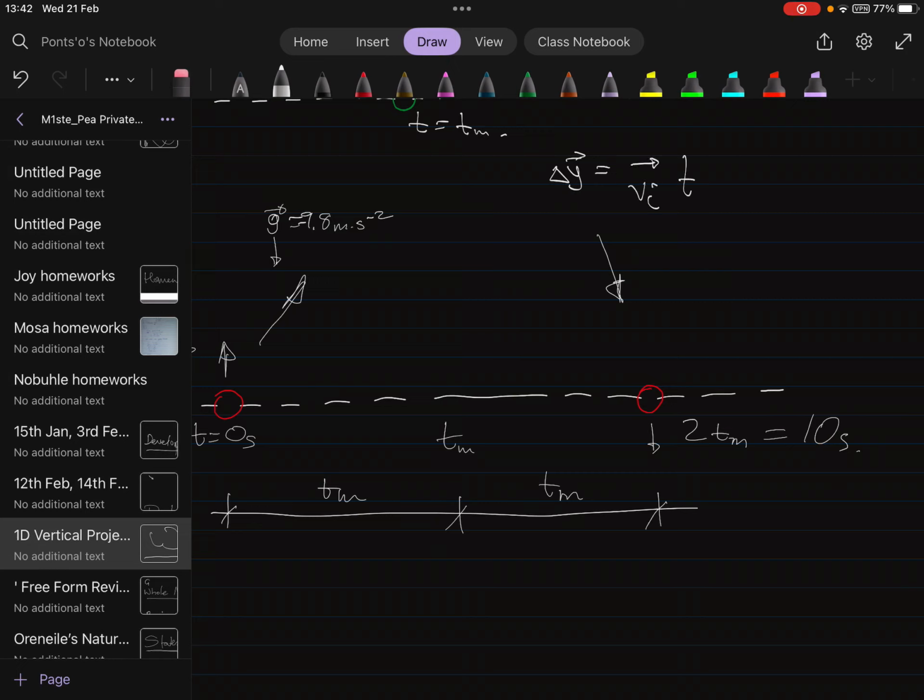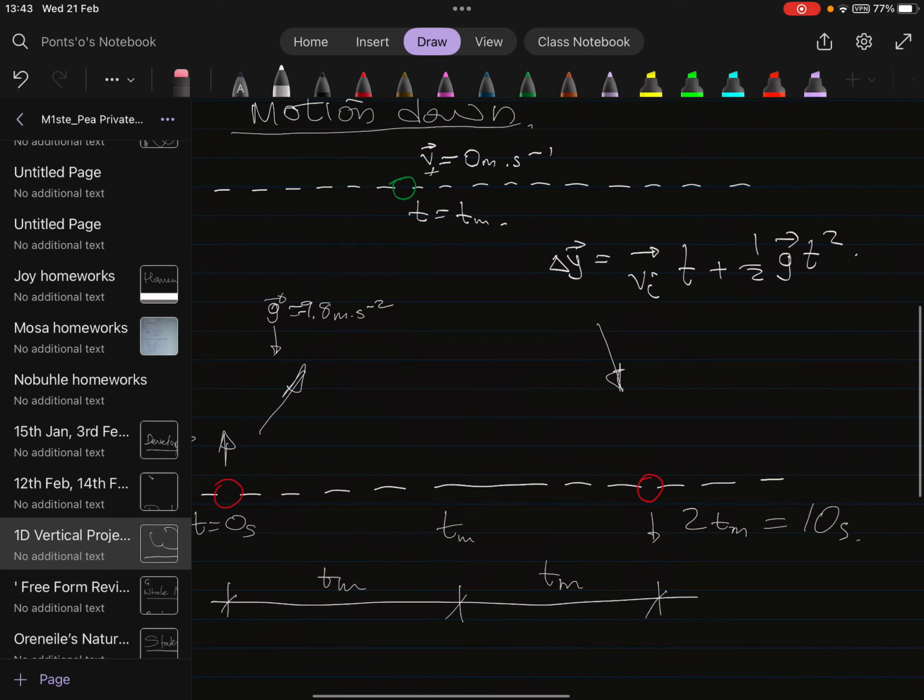If we use one of those equations, maybe we start with that one. We don't know what the initial velocity is, but we do know the velocity of the ball when it starts its descent.